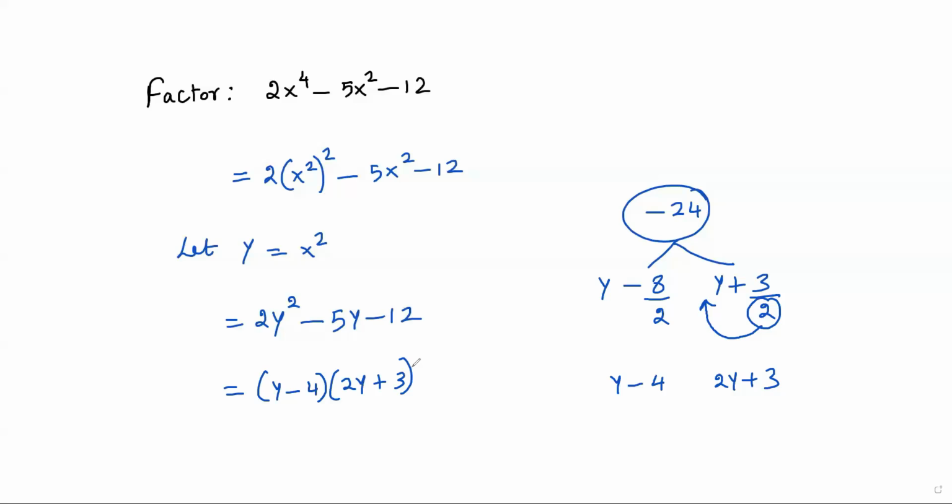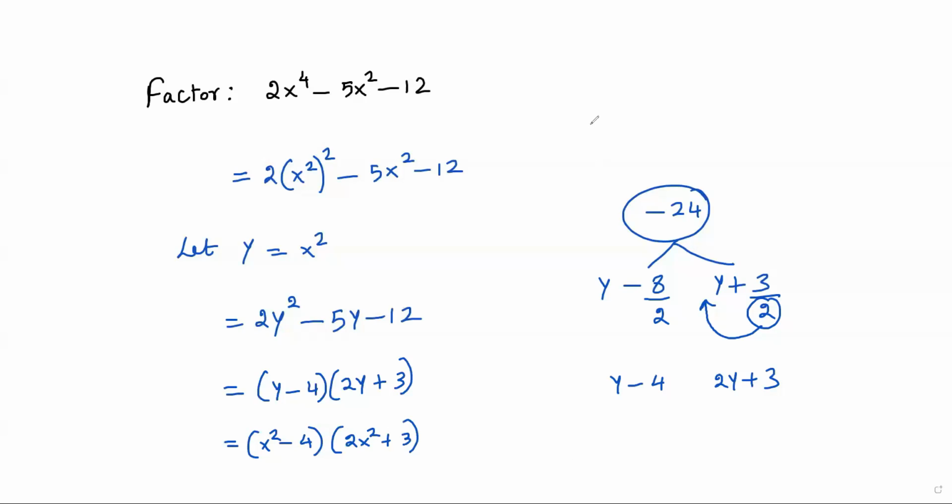Okay, the next step is to replace y by the original x squared. Then I'll be getting (x squared minus 4) times (2x squared plus 3). Now this factor 2x squared plus 3 cannot be factored anymore. But this one can be factored further.